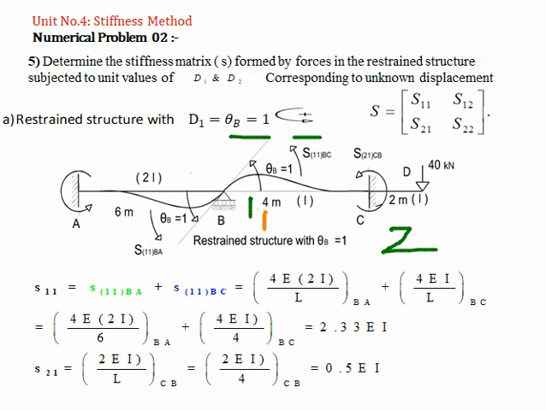From that we get the coefficients S11 and S21 of our stiffness matrix, which form the first column of our stiffness. At S11 our value comes out 2.33 EI, and S21 value is 0.5 EI.